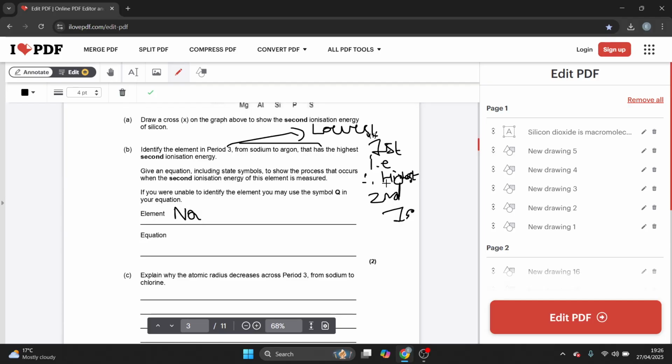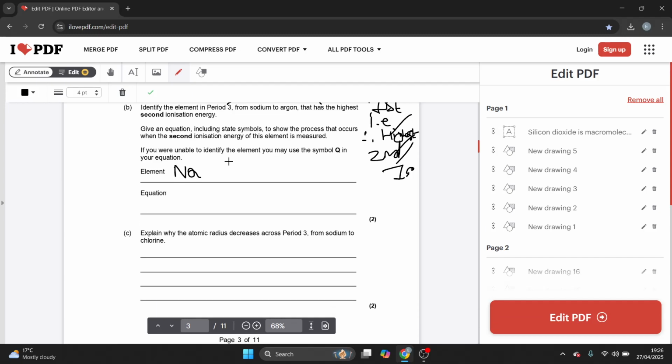Sodium therefore has the lowest first ionization energy, therefore the highest second ionization energy. For the second ionization energy equation, we just do the opposite: start with the positive charge, then Na2+ gaseous plus e-.